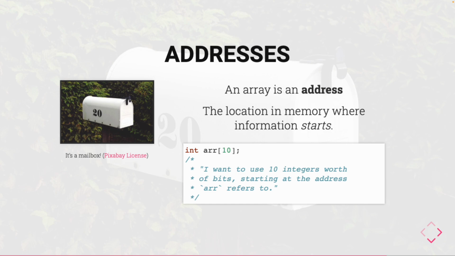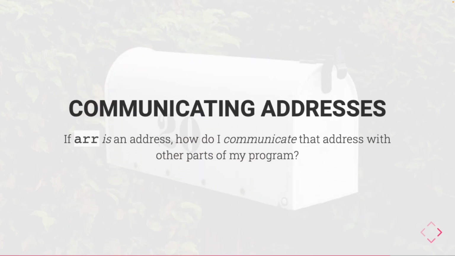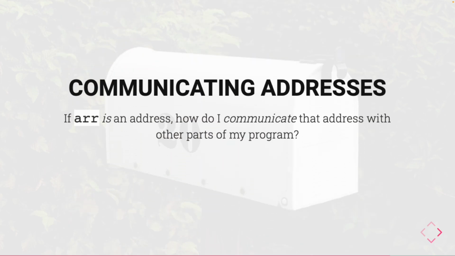So this code block is like what we did in Goofy function, where we made an array of 1,000 elements. Same behavior as 10 elements. So starting at the address R refers to, it gives us space to store 10 integers. And so if R is an address, we want to be able to communicate that address.